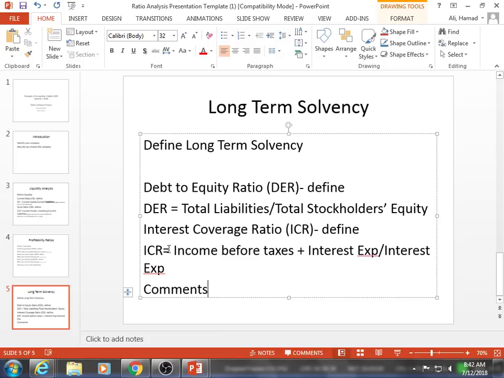Okay, that's one ratio. And then the second ratio is your interest coverage ratio. See that interest coverage ratio there?